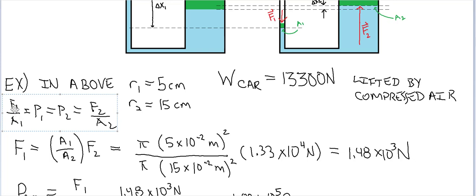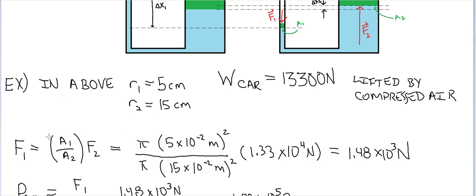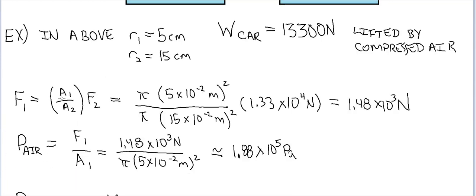And so you can manipulate this formula to solve for F1. F1 is just equal to A1 over A2 times F2, right? Just multiplying across by A1. And we get to this. But A1 is pi r squared, let's assume a circular cross section, and we said it had a radius.